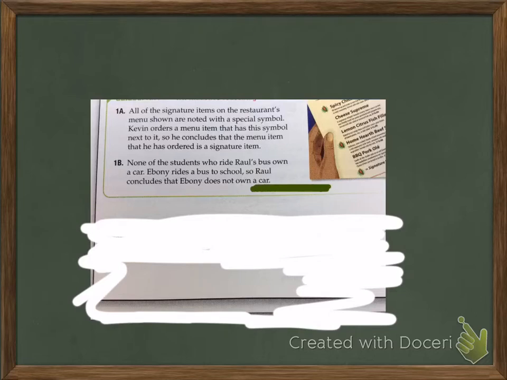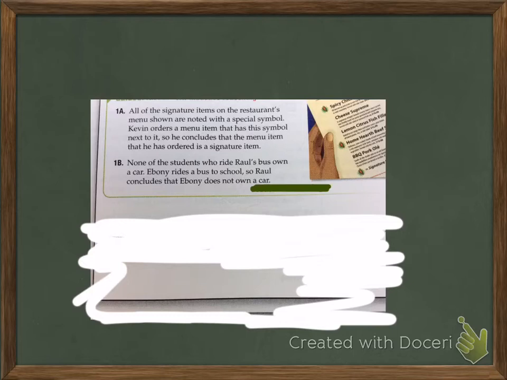Kevin orders a menu item that has this symbol next to it, so he concludes that the menu item that he has ordered is a signature item. Would this be using inductive reasoning, which is a pattern of examples or observations, or would this be deductive reasoning, where you're using facts and rules and definitions and properties?